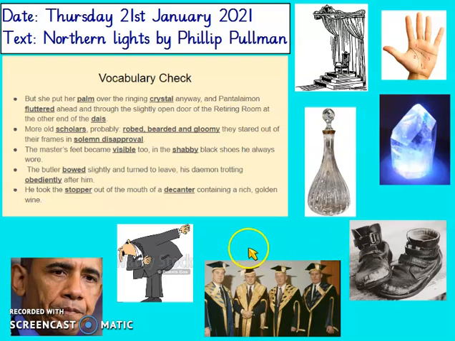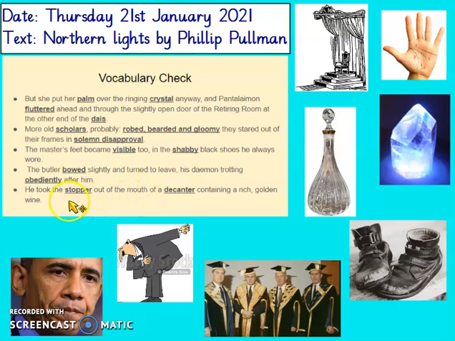So to bow is when you bend the top part of your body downwards. And obediently means you do as you're told, or you follow a request willingly. So in this sentence, it means that the butler bent down, signifying that he was going, and then his daemon that was behind him went after him like he always does, and he does as he's told.